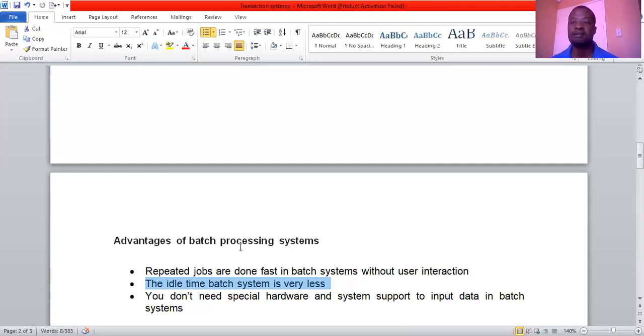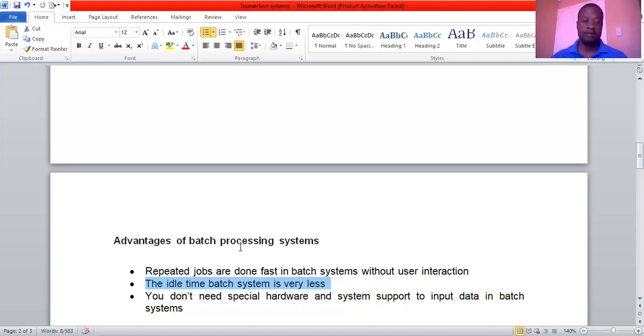So a lot of resources are saved when the system is idle, as we said earlier that it conserves resources. This is one good thing about the batch processing system. It's not always running. Sometimes it's idle while the data is being collected, to be processed at once at the end of a defined period of time, maybe after a day, a week, or a month.